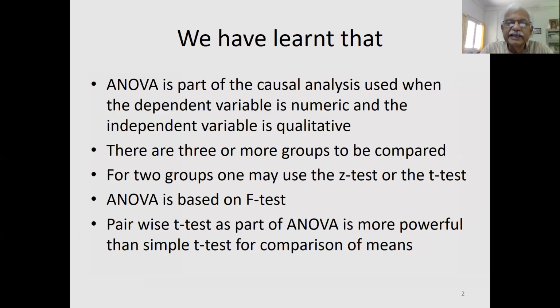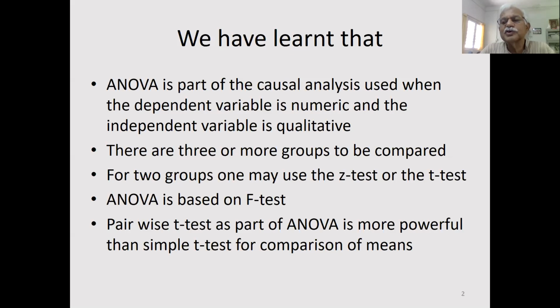There are 3 or more groups to be compared, because for 2 groups we can always use the Z test or T test. This ANOVA is based on the F test, and F is defined as the ratio of 2 estimates of variances. Degrees of freedom of the numerator and degrees of freedom of the denominator constitute the 2 degrees of freedom with which a theoretical F distribution is defined.